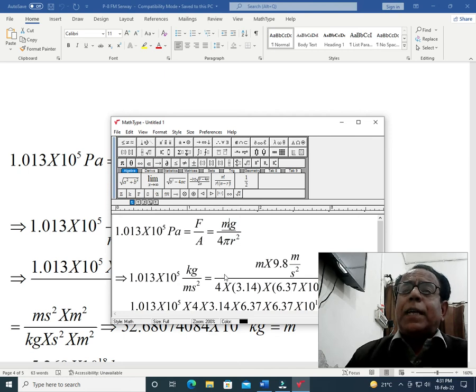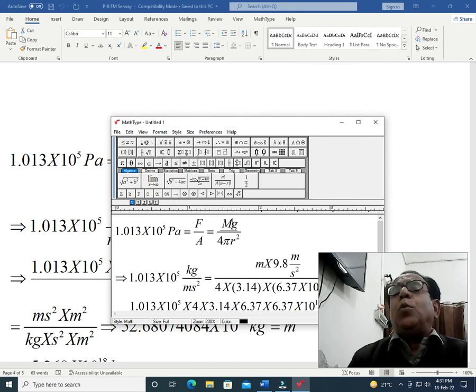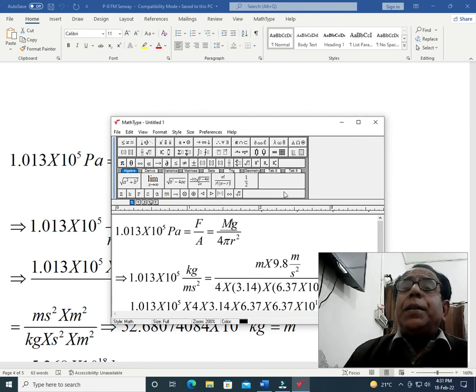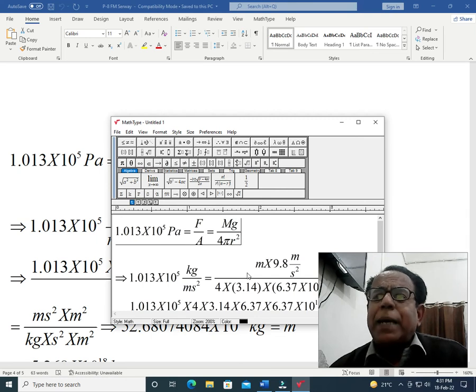Now what we are going to do is replace it with capital M, because it is the mass of the earth. Now this capital M will not be cancelled with small m. Okay, we have to find out the value of this capital M. Okay, this was a minor irregularity.